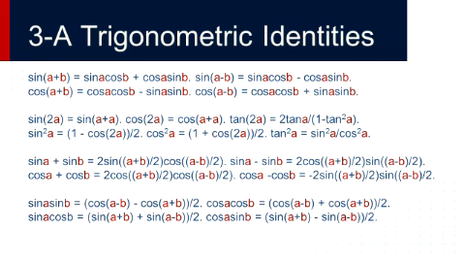So yeah, there are also ways of simplifying squared angles, like sine squared of A. That can be expressed as 1/2 of 1 minus cosine of double A. Or you could express cosine squared of A as 1/2 of 1 plus cosine of double A.